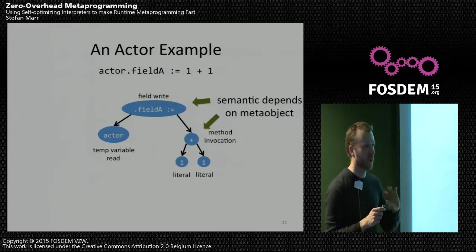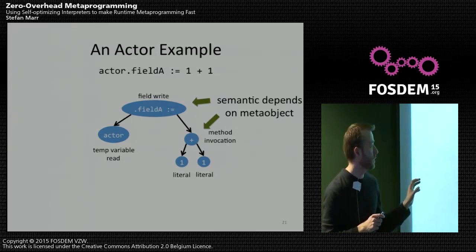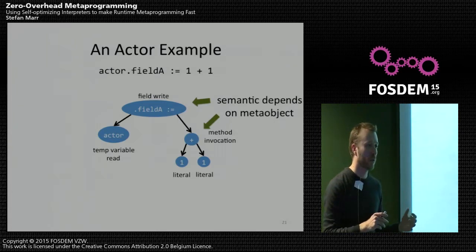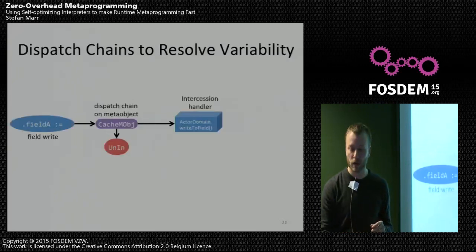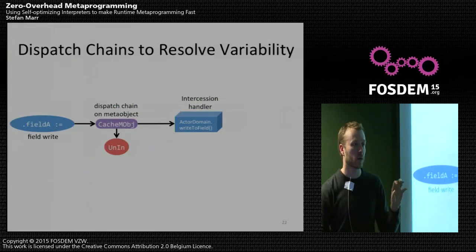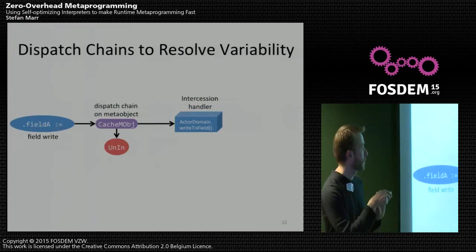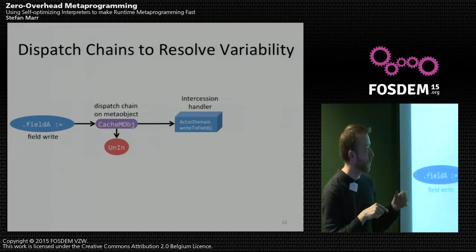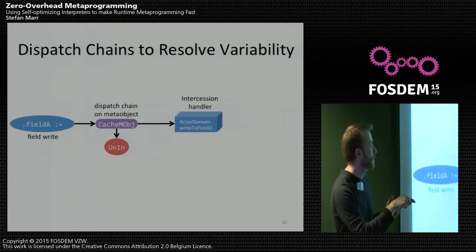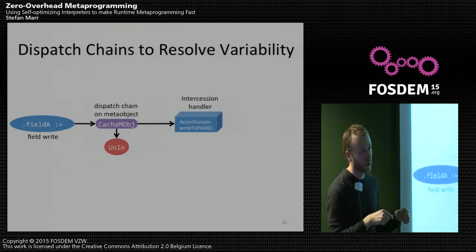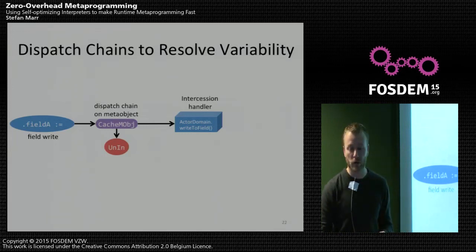So we cannot just emit the bytecode for writing the field here, or the native code. No, we first have to resolve what happens on the meta-object level. The solution here is applying those caching and dispatch chain tricks again. The first thing is we observe what kind of meta-object actually comes along, and in our case we see it's always an actor, and then we can just inline that write to the field, and by that we provide enough knowledge to the compilers to optimize it.